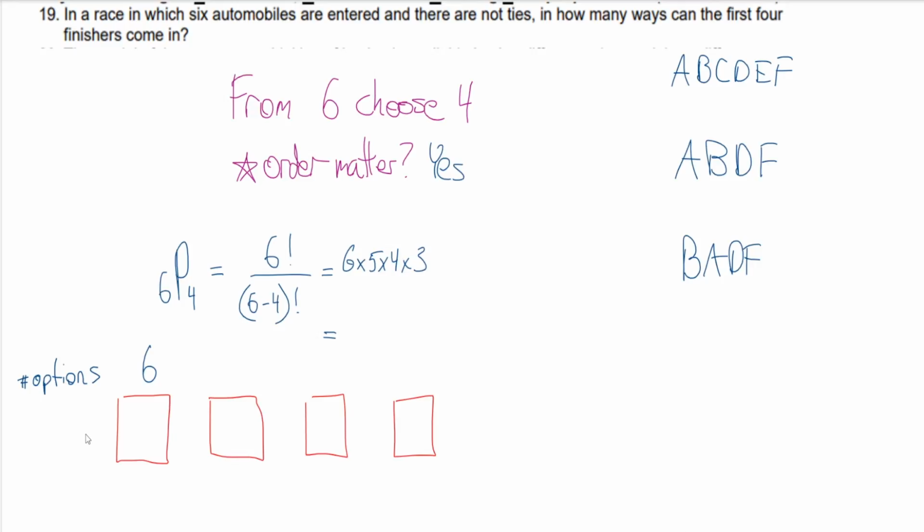But as soon as somebody wins, that person can't also come in second, so there's 5 options for that. And for the same reason, there's 4 options for coming in third, and 3 options for coming in fourth. So we're multiplying those values. This is the math to get what we're looking for here.